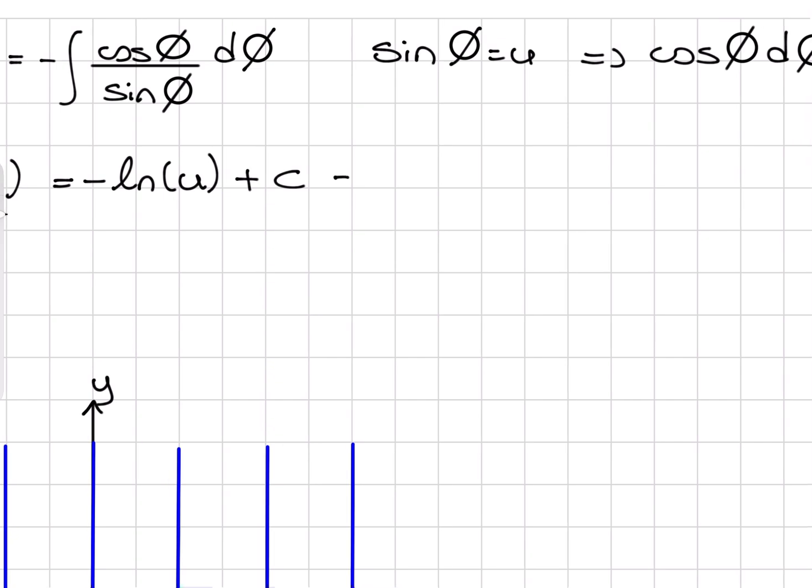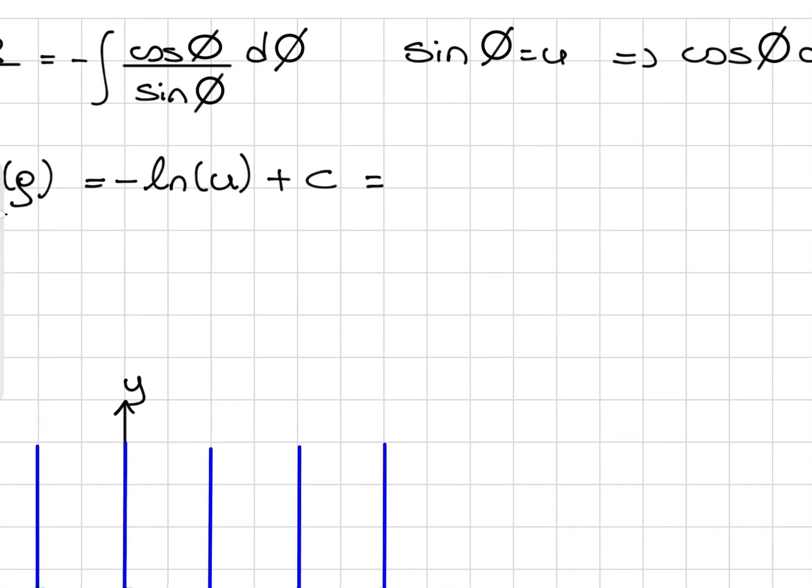This is the natural logarithm of 1 over u, because the minus implies natural logarithm of u to the power minus 1. But u was sine phi, so I'm going to write this as natural logarithm of 1 over sine phi plus a possible constant c.